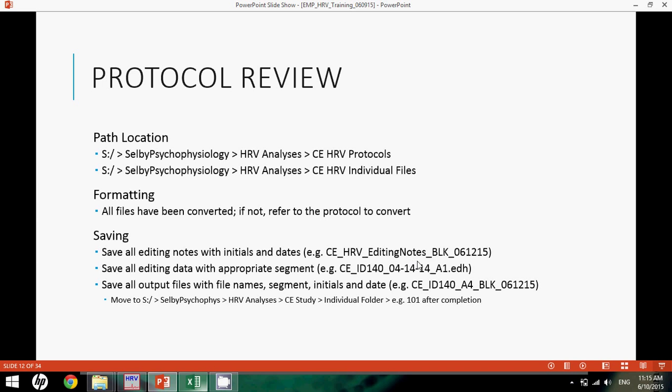It's important that after you're completed with the entire file, you take all those files and rename them according to this procedure here. So you have CE ID 140, and then you'll change this to, rather than A1 or A4, you'll have 01, 02, 03, 04, or 05. And then you just put your initials and the date. You want to put all this information in your individual folder, rather than tucked away far and back.